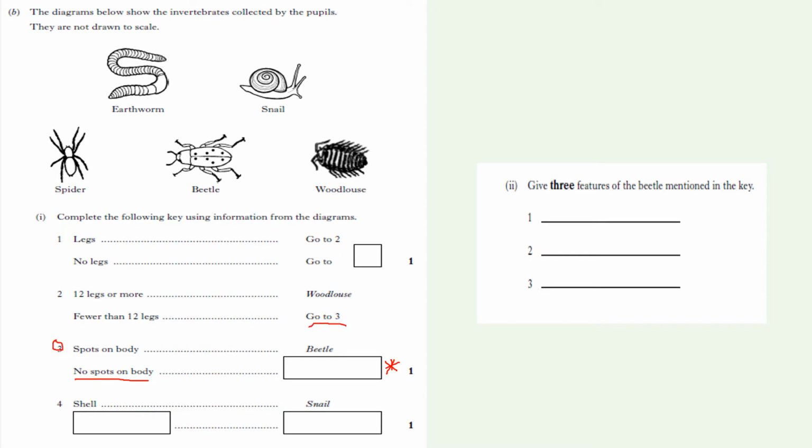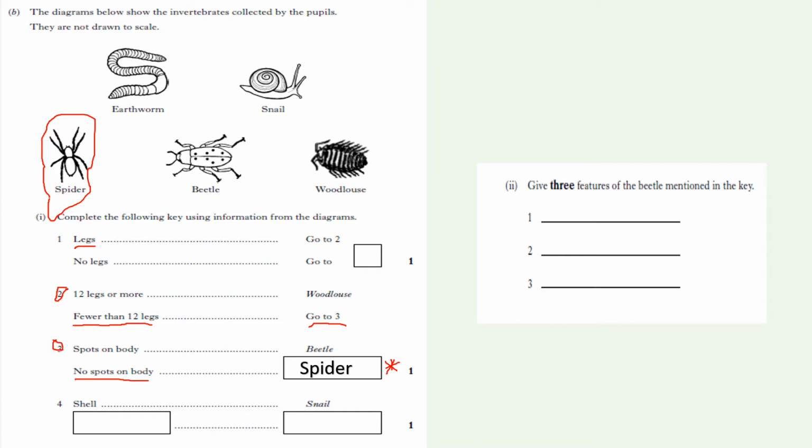So fewer than 12 legs. We have to go to statement 2, so it has legs. And the only one that would be is your spider. So spider would be your first answer. So well done if you managed to get that correct.